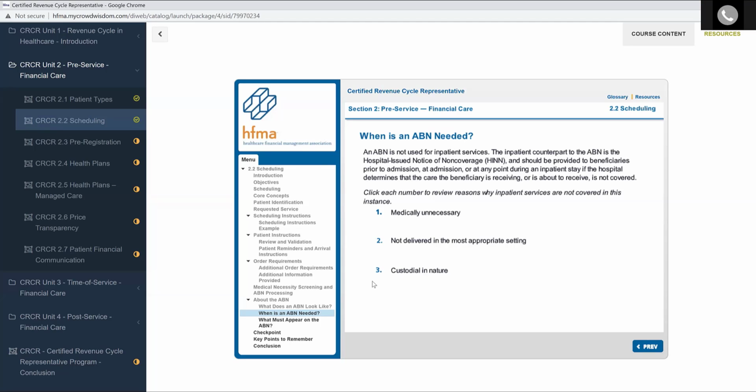But if Medicare denies it because you didn't get the ABN signed, a lot of times you can't bill the secondary insurance. That is true. Right. Especially Medicaid. Yes. So it's very important to get the ABN signed when it does apply.